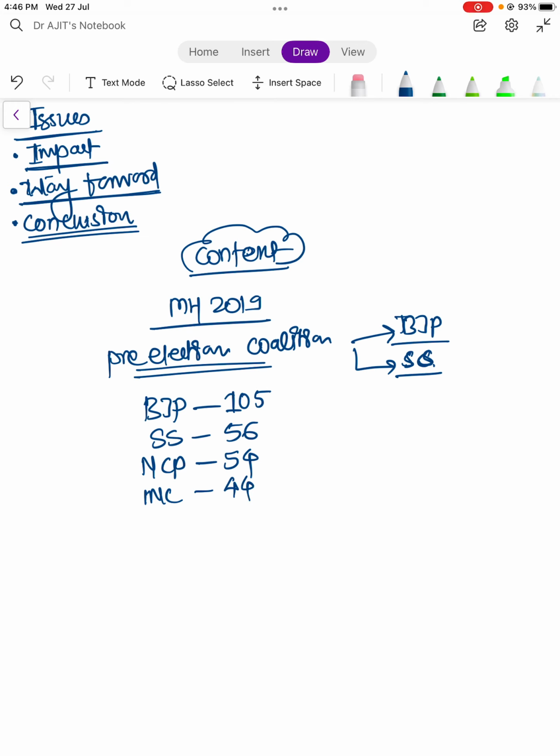Right? It was supposed to be a government of BJP and Shiv Sena, but Shiv Sena and BJP had some issues between them and they couldn't form the government.